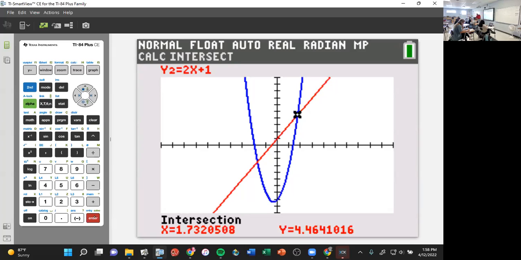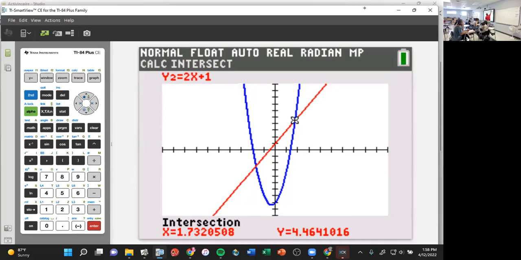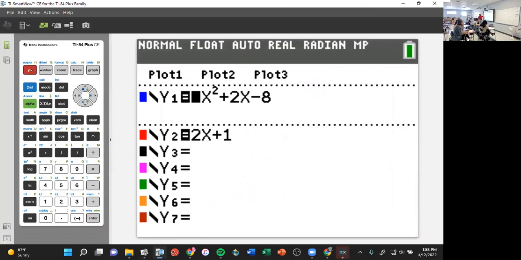What's wrong? It's a decimal form. Yeah, but it should have been thirds. The equation is 3x squared plus 2x minus 8 equals 0.